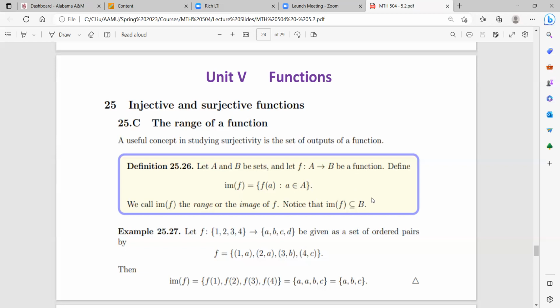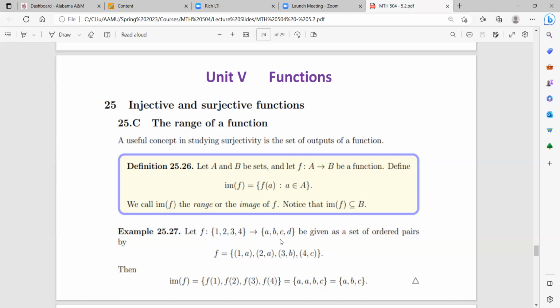We need to make a distinction between those concepts. So suppose there is a function f defined on two sets, from the set {1, 2, 3, 4} to the set {a, b, c, d}.